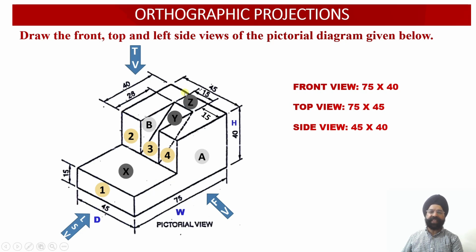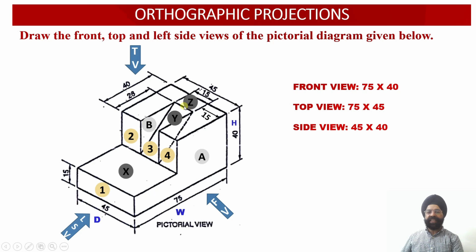Similarly, let us talk about surface Z first of all. In surface Z, again you can see it is a U-shaped surface. It's an angular surface having a shape corresponding to a U or a C, right? This surface is again parallel to the horizontal plane, and onto the horizontal plane in the top view we are going to witness the true shape of surface Z. Then finally we have an inclined surface, and corresponding to this inclined surface we are going to witness an apparent shape projection, which will appear as a rectangle in the top view.